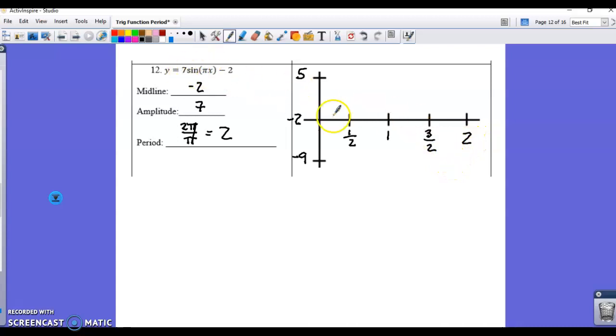It's sine positive, start in the middle, maximum, midline, minimum, back to the midline, and that same positive sine curve. So when you have a pi, it's going to end up canceling out with that 2 pi, and you're just going to get a number for your period instead of something with pi.